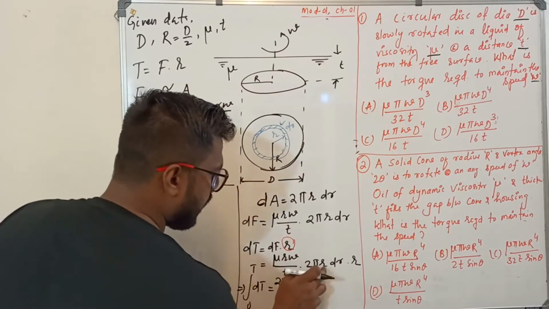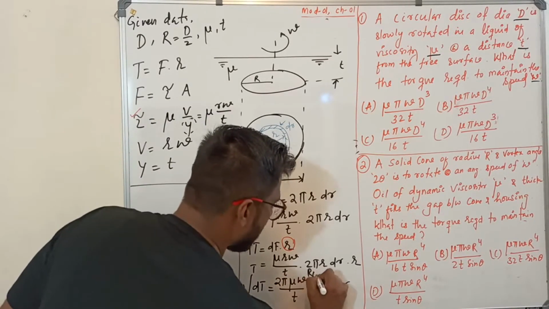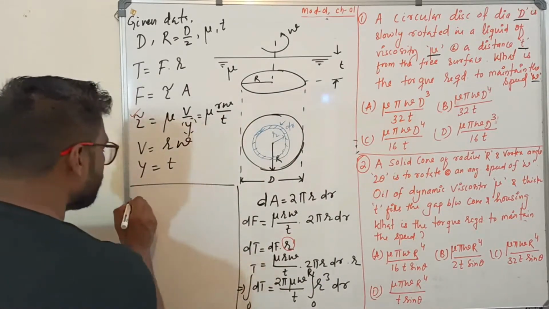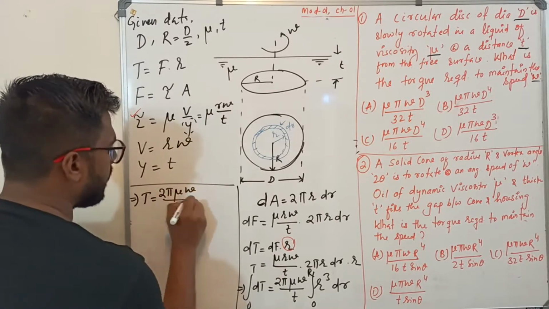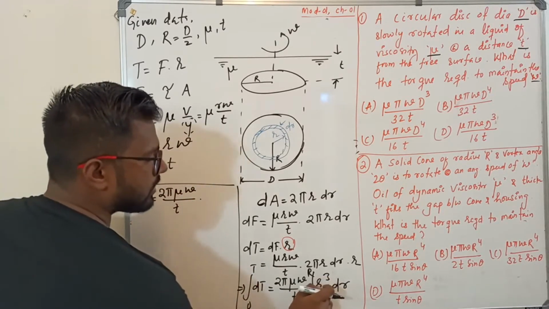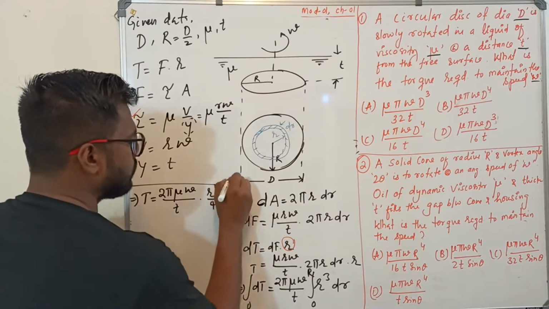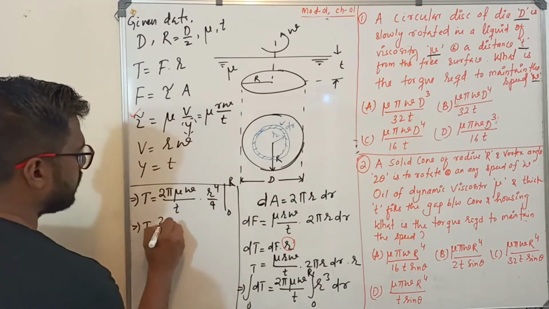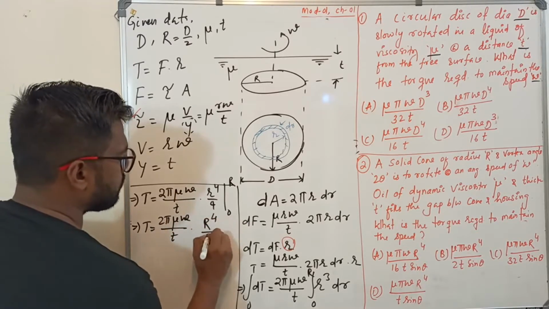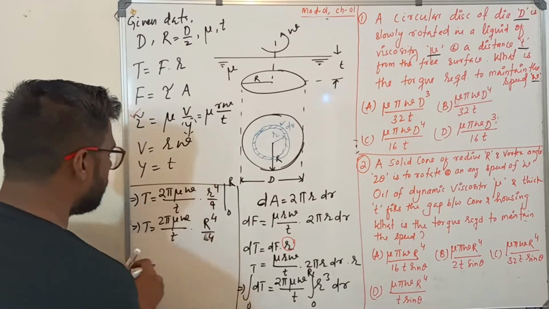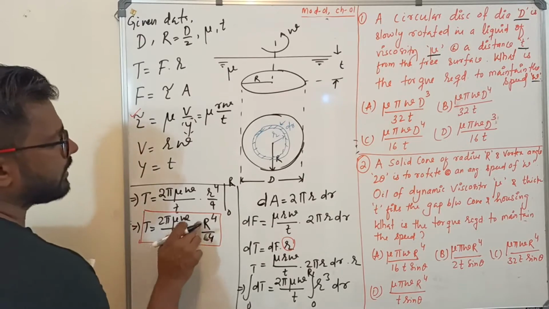What do you have? r cube dr, integration 0 to capital R. So T is equal to 2 pi mu omega by t into the integral of small r cube dr. Integration of r cube is r fourth by 4, from 0 to capital R. So T is 2 pi mu omega by t into capital R fourth by 4. So the torque required to maintain the velocity is 2 pi mu omega by t into R fourth by 4.